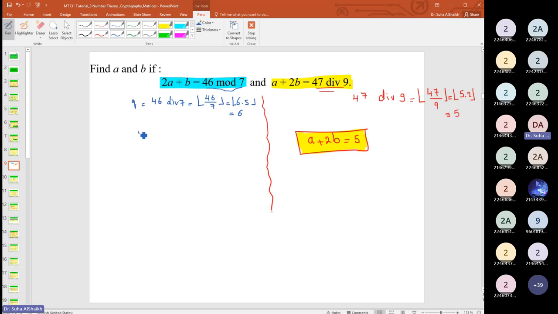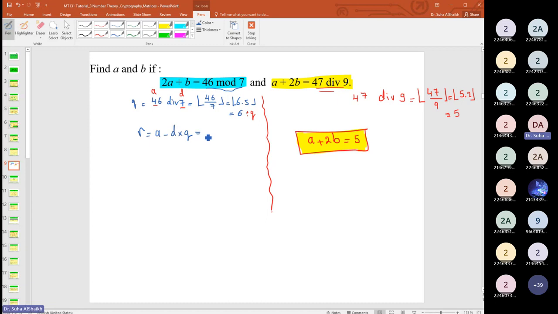So R, which is the mod, is equal to A minus D multiplied by Q. What is my A? It's 46. What is my D? It's 7. What's my Q? My Q is 6. So we just substitute here.